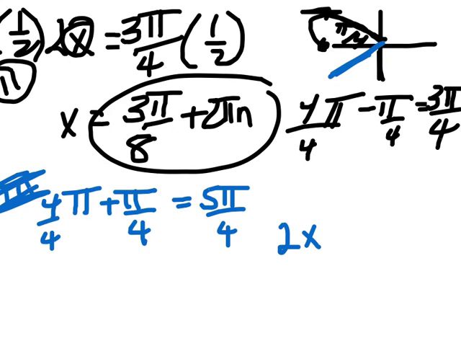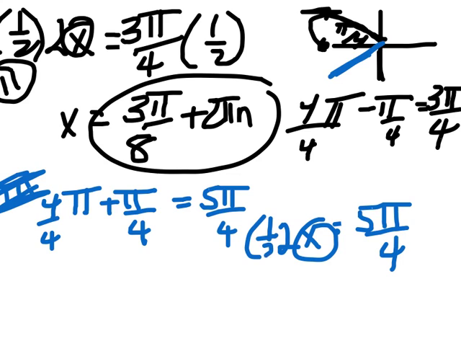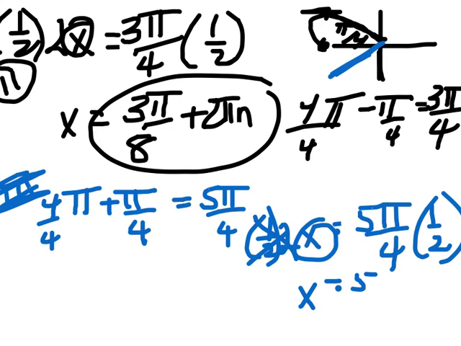So 2x is equal to 5 pi over 4. Solve for x. I'll multiply both sides by a half, and those cancel out, and I'd get x is 5 pi over 8. But I want all of them, not just that one, so I'll add 2 pi n.